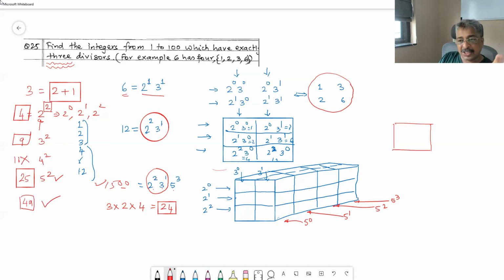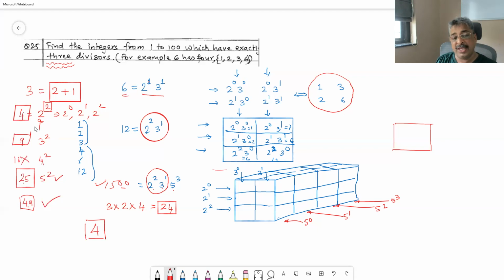Then 49, 64, no, 81, no, and 100, also no. So the total number of integers which will have 3 divisors is 1, 2, 3 and 4. Answer is 4.